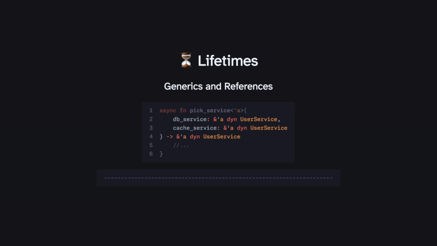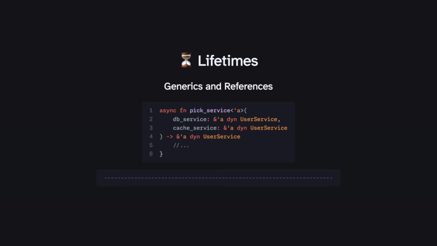We're telling the Rust compiler that both input references are valid for at least tick A, and the reference we return is valid for that same tick A. The compiler will then choose a lifetime that works for both inputs, effectively the overlap between them. And just like before, that guarantees that the returned reference cannot outlive either input. With that relationship made explicit, the compiler is happy and our code still compiles.